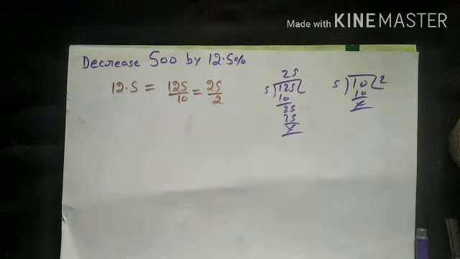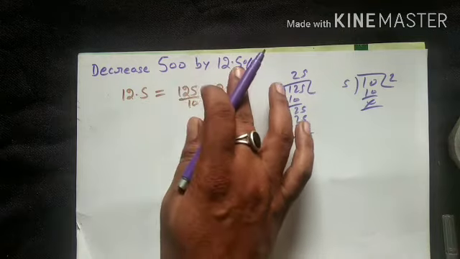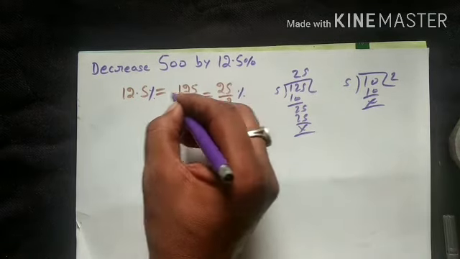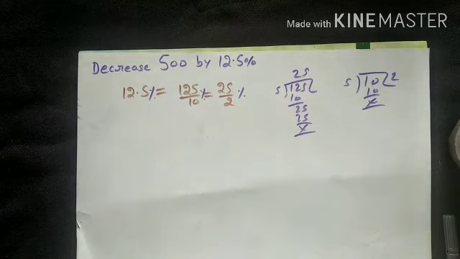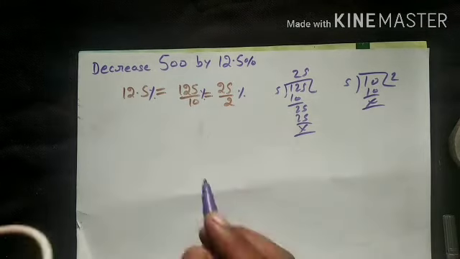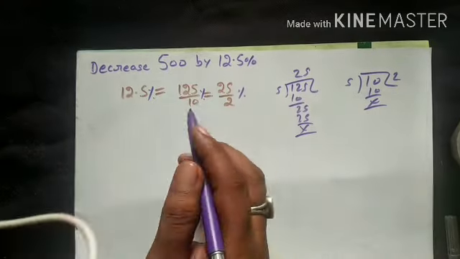Okay. Now I will move to the question. I have to decrease 500 by 12.5%. It means 25 by 2%. So as we know, percentage is counted over 100, so I will have to subtract this percentage from 100.